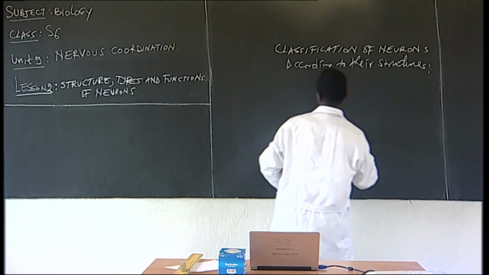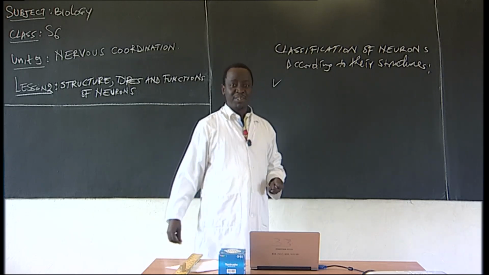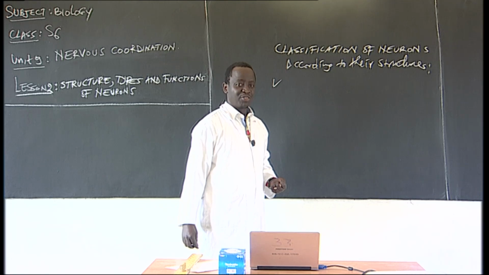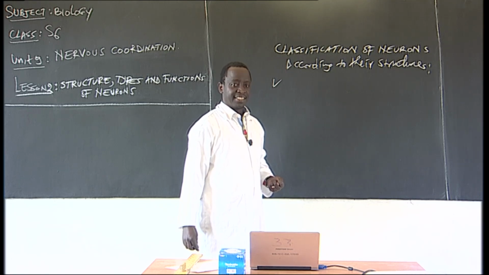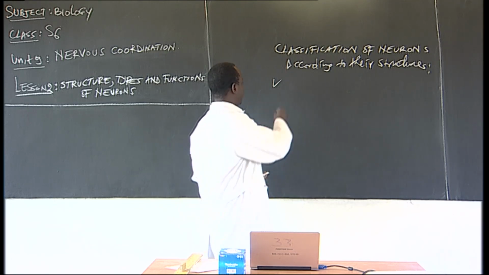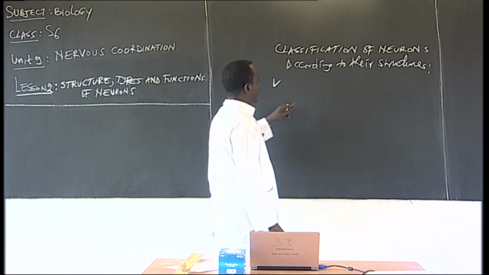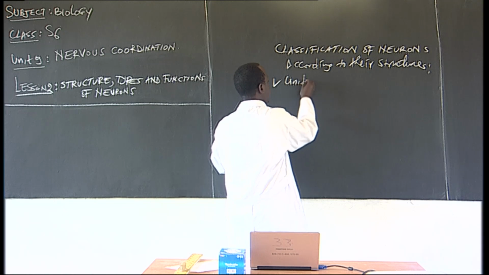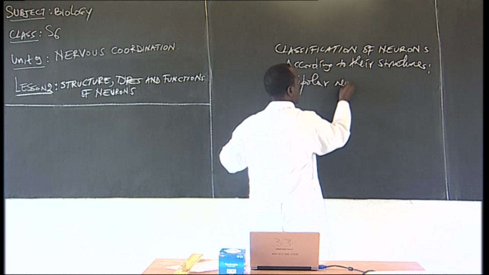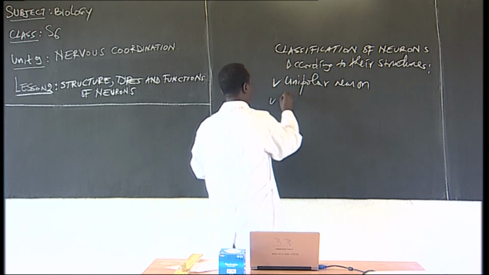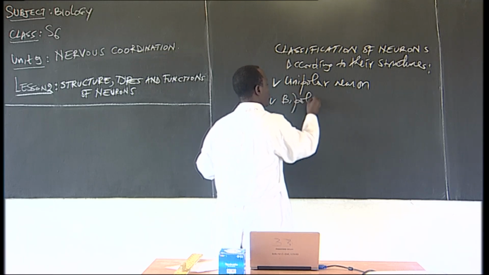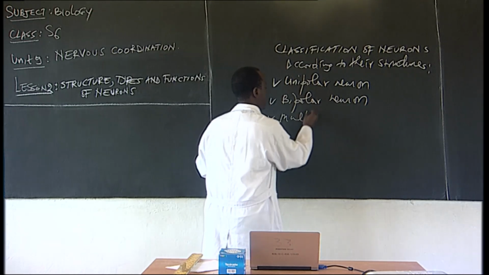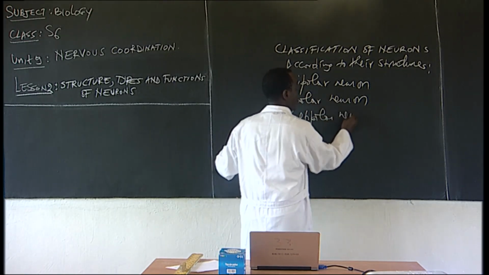Their structures. Can you remind me what you have seen about this? Can you try? According to their structure, we have unipolar neuron, bipolar neuron, multipolar neurons.